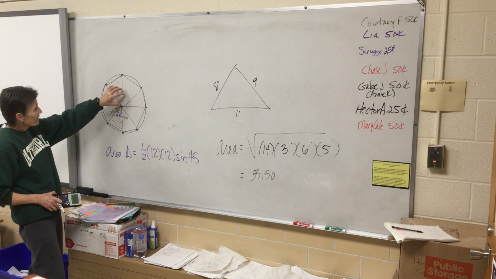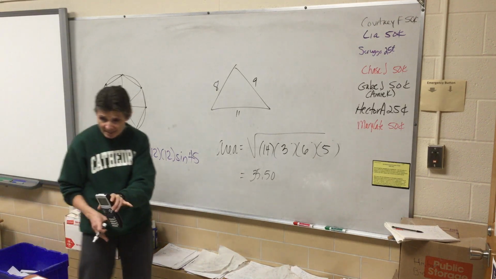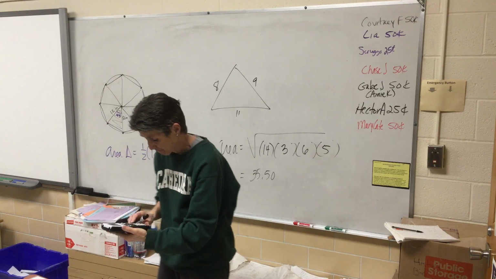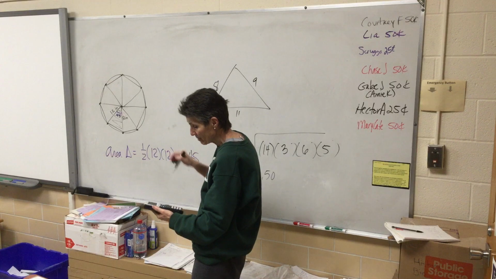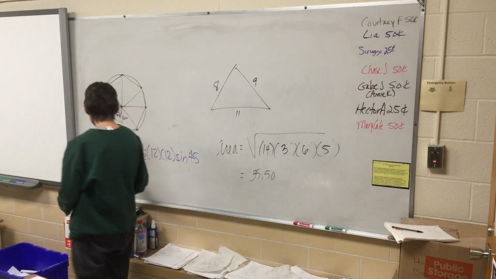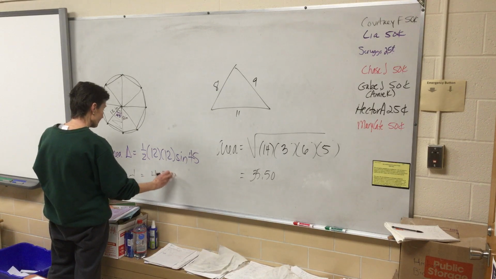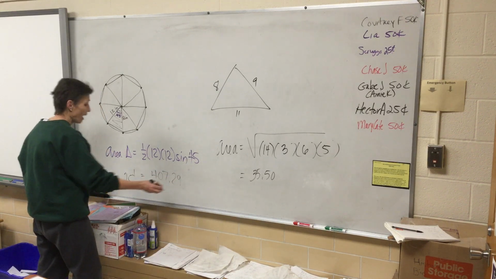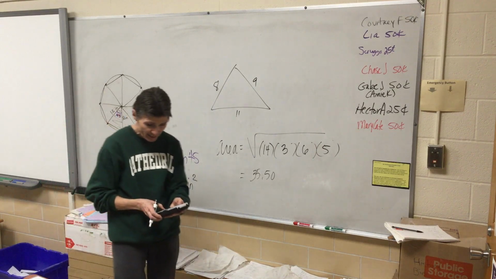So if we want the area of the whole shape, we'll have to do what with this answer? Multiply by 8. Yep, multiply it by 8, because there's 8 of those triangles this time. So the octagon area is 407.29, and this is a word problem. Make sure you put square inches.